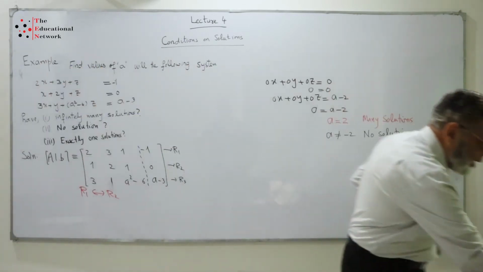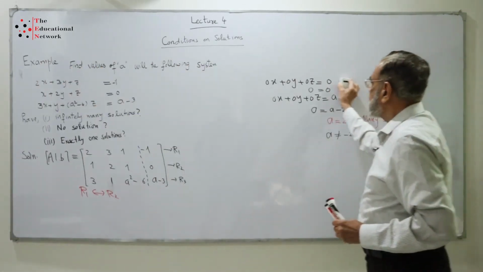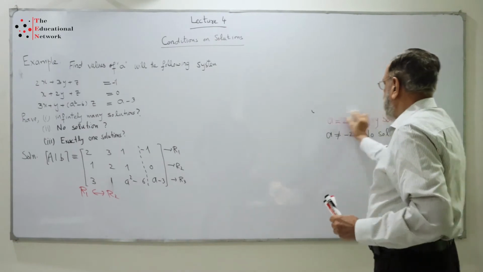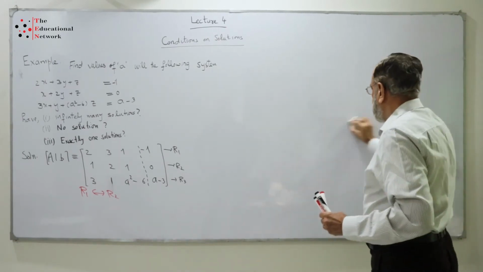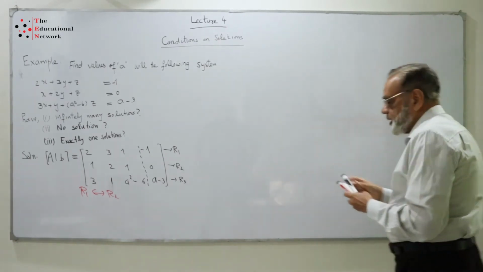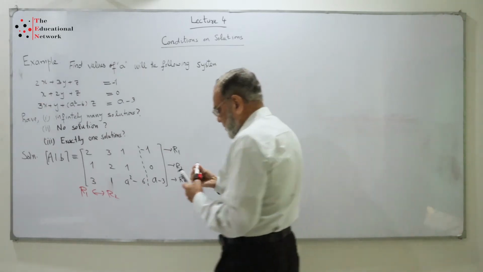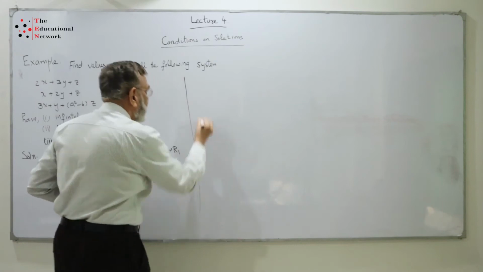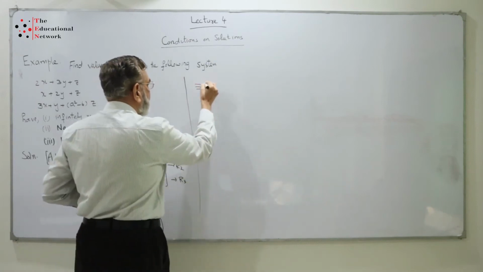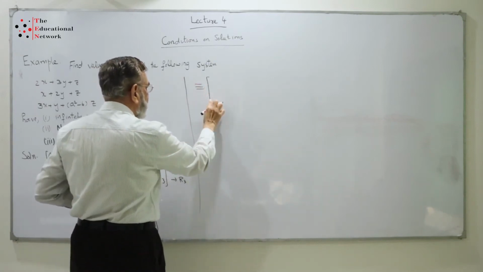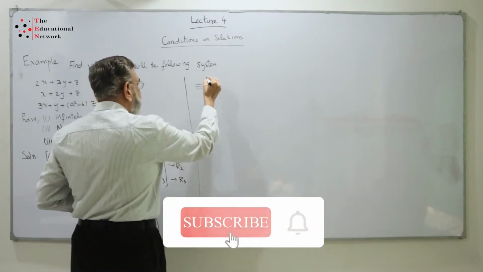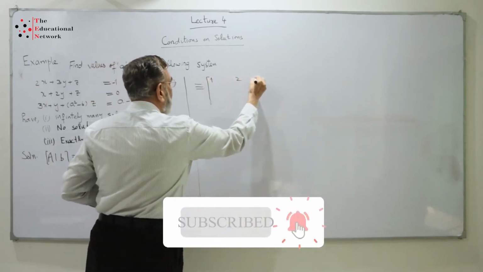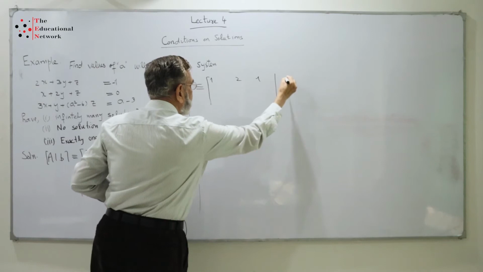In this case, we have the first value as 1. We rewrite this, making this row operation, and we have the equivalent of this AB. Here we have 1, 2, 1 and 0.